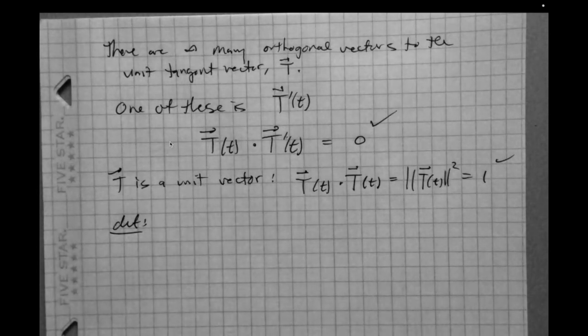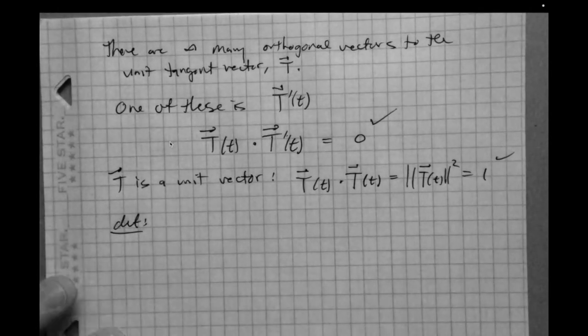So we've got the unit tangent vector, and then there are infinitely many normal vectors relative to that vector, but there's one that's kind of special. We call it the principal unit normal vector. Let's define it.